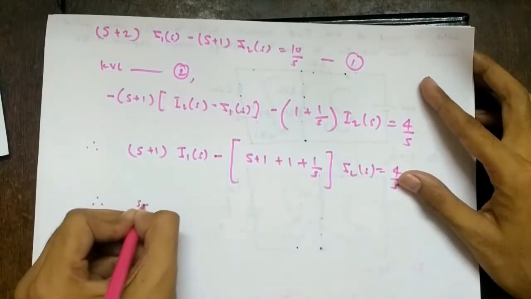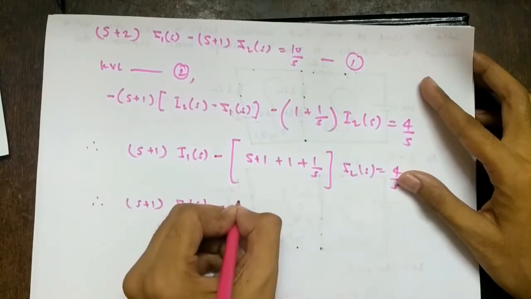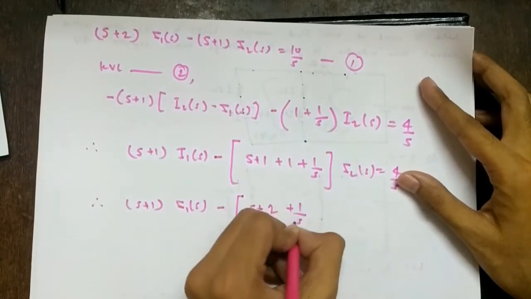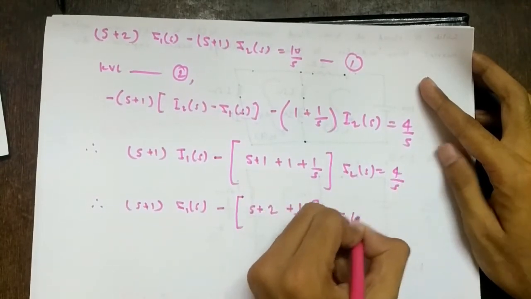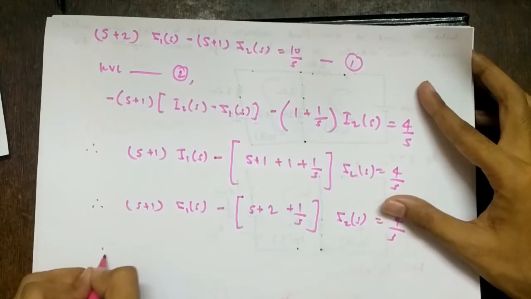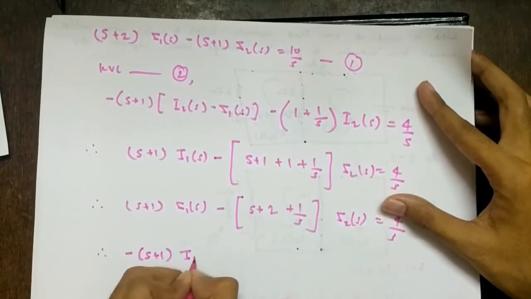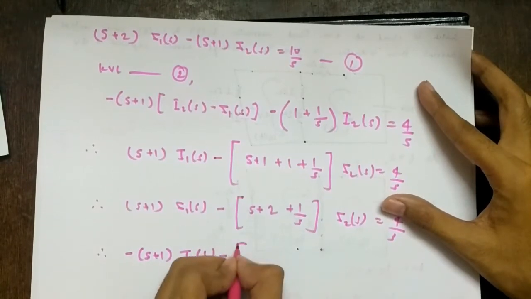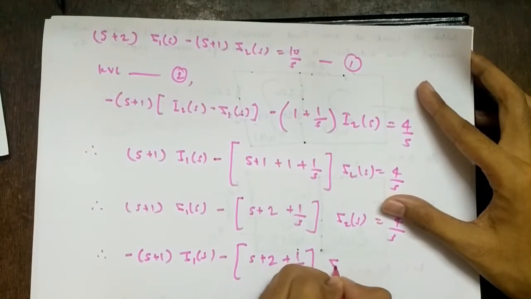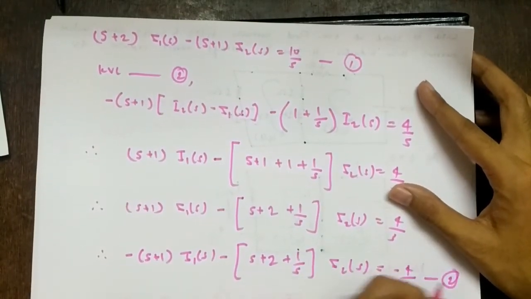Therefore s plus 1 I1 of s minus of s plus 2 plus 1 by s I2 of s equal to 4 by s, right? If you want you can keep it like this, or I am just multiplying by minus 1, giving I2 of s equal to minus 4 by s. So this is equation number 2.